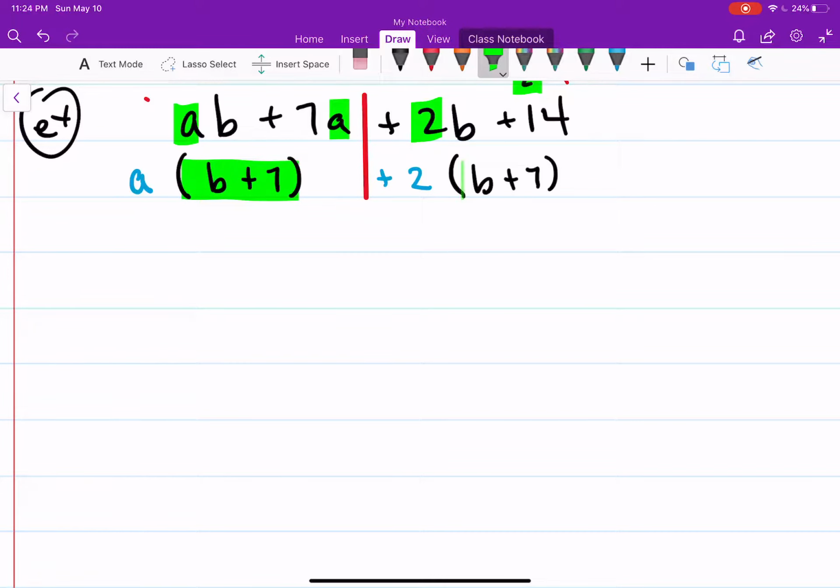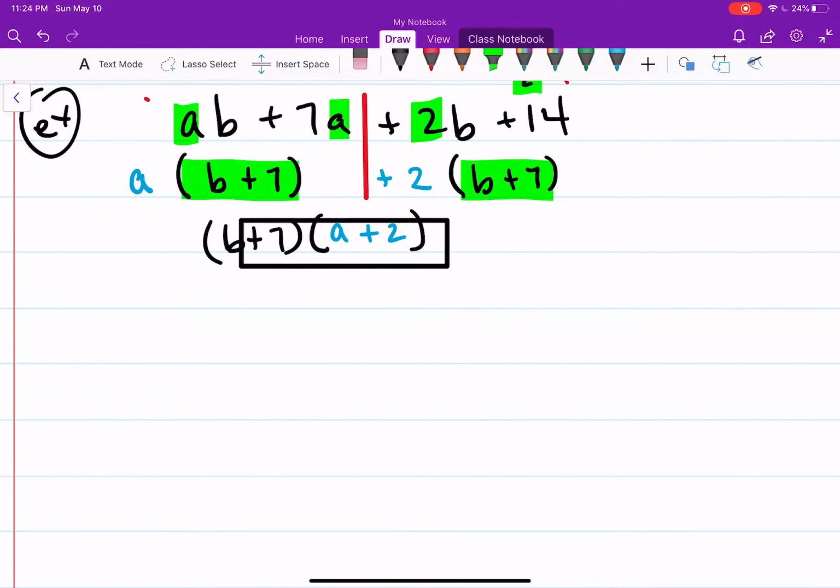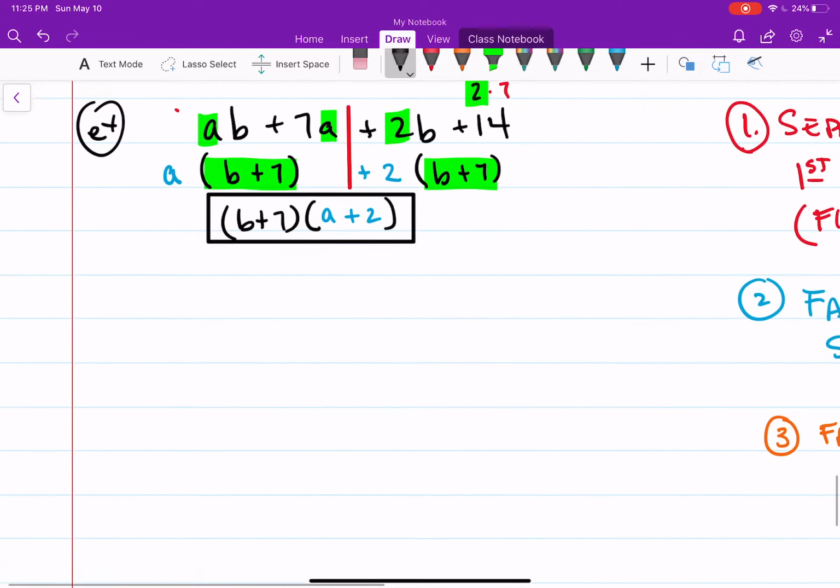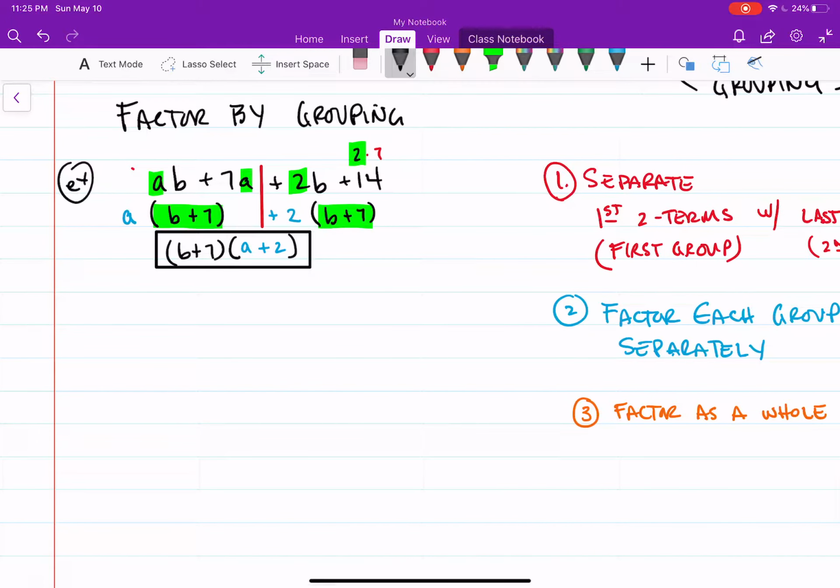Well, the b plus 7 is in common. Awesome. So what do I have left? I got the a plus 2 left. And that would be my answer. Okay? So that's it. That's how you factor using factor by grouping. This is how you factor 4 terms.